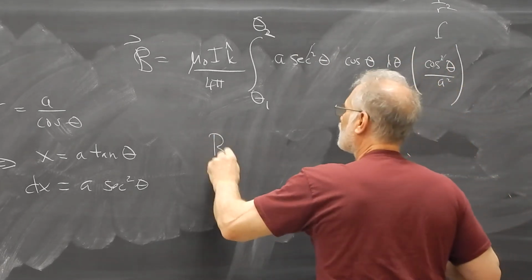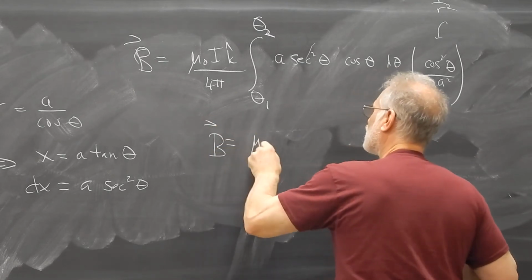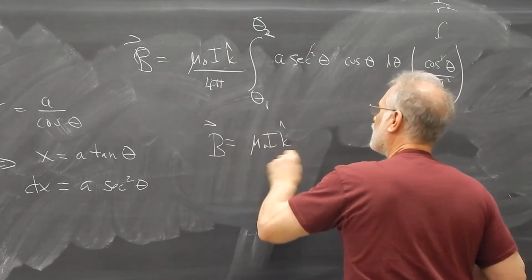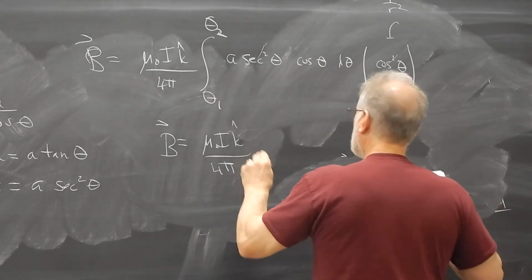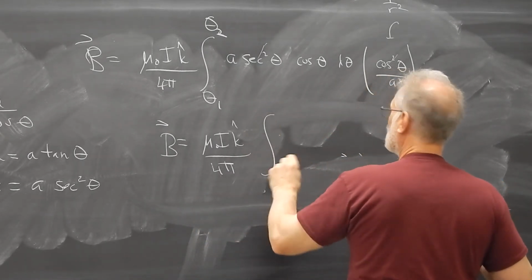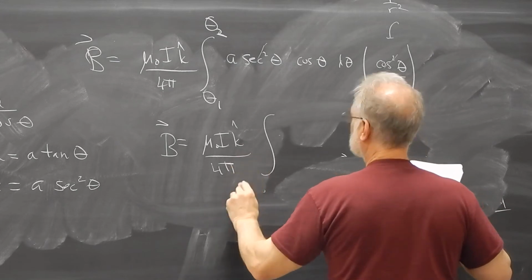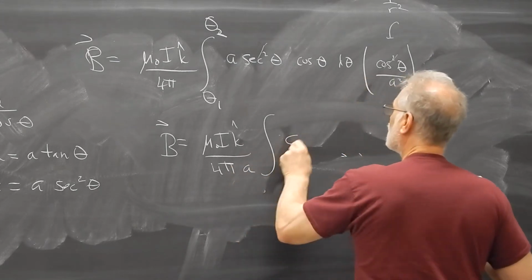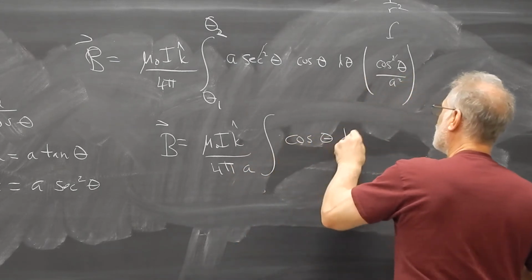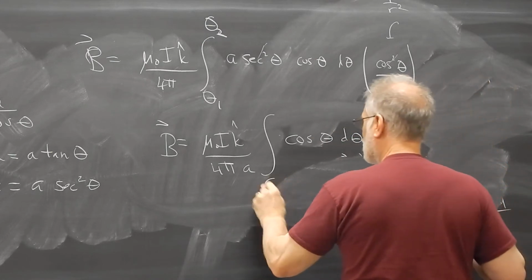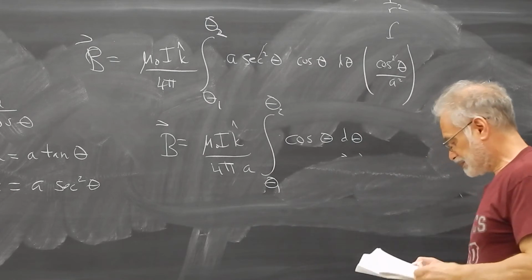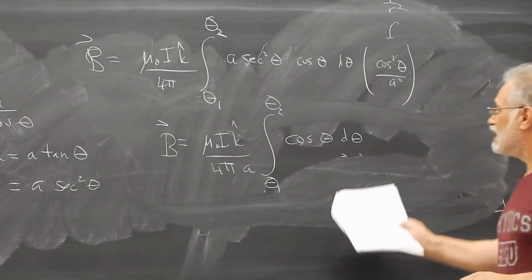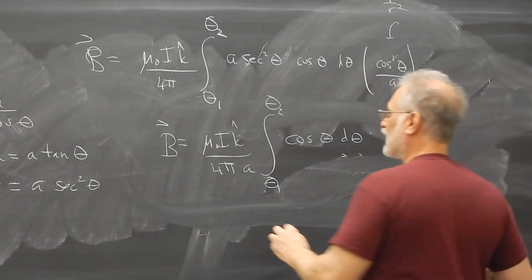And I'm going to end up with a very simple integral that looks like mu naught I k over 4 pi a, integral of cosine theta d theta from theta 1 to theta 2. Simply, I integrate cosine theta, I get sine.